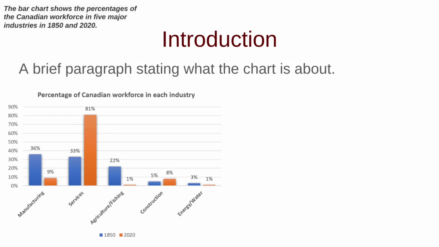So the first paragraph that we need to write is to say what the graph is about, but we can't do it the same way as it's said in the question. So in the question it says the bar chart shows the percentages of the Canadian workforce in 5 major industries in 1850 and 2020. So we need to write that, but in a different way.